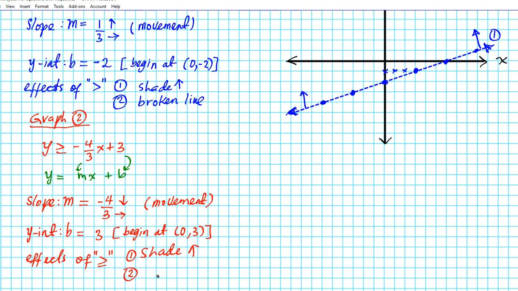So the boundary point is included, so that means we're going to have a solid line. So just remember, greater than or less than, these two are broken because they do not have the line underneath. Greater than or equal to or less than or equal to, these two are solid because they have the line of inclusion underneath. We went over this point in our previous lesson on graphing linear inequalities.